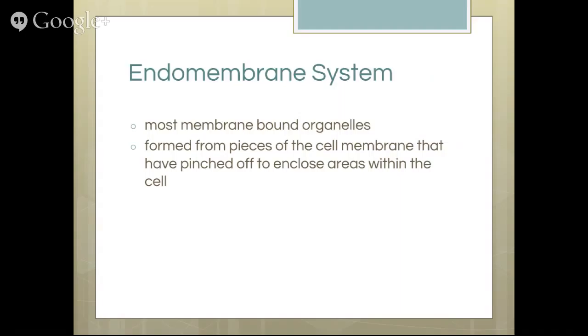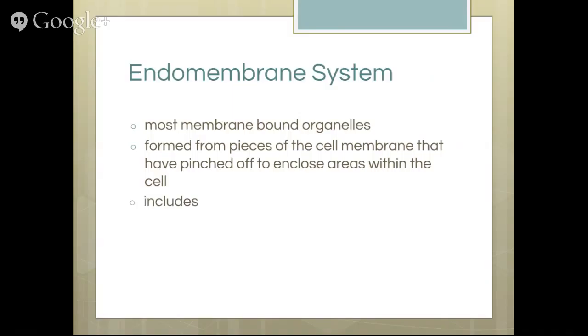In fact, we'll see later that some of the pieces of the endomembrane system can move from one organelle to another and just become part of that new organelle. So what's part of one organelle today may be part of a different type of organelle later on.